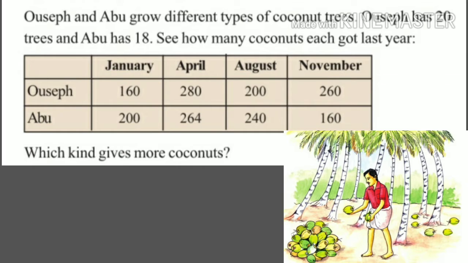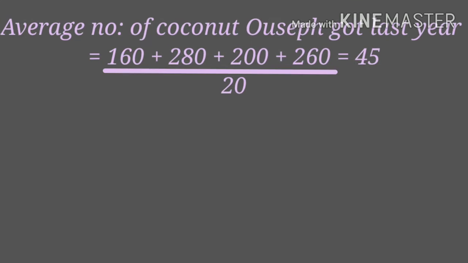Let's see how. Average number of coconuts Ausep got last year is equal to 160 plus 280 plus 200 plus 260 by 20. Here 20 is the number of coconut trees of Ausep, and that is equal to 45.